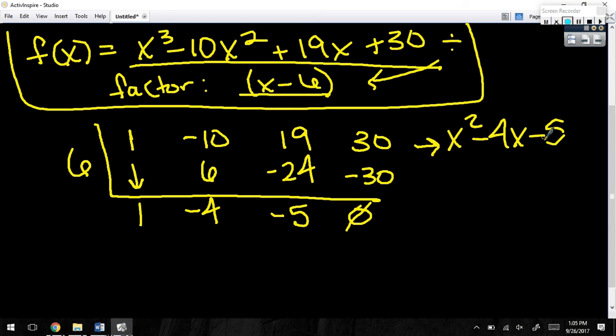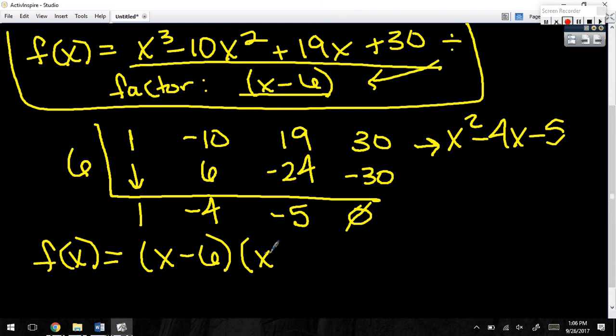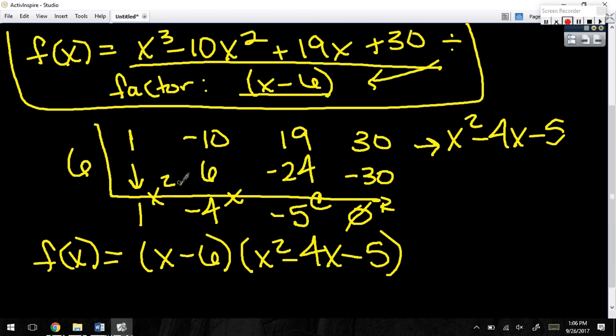Do you also agree that if f of x equals this, then f of x also equals this? Can you finish factoring that now? This is your remainder, constant, x, and x squared.